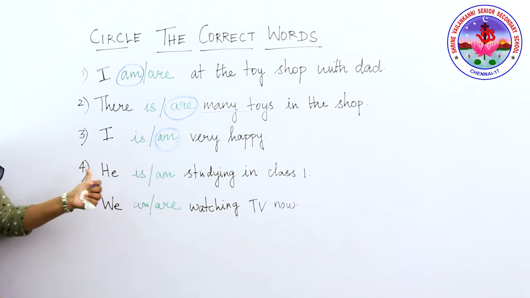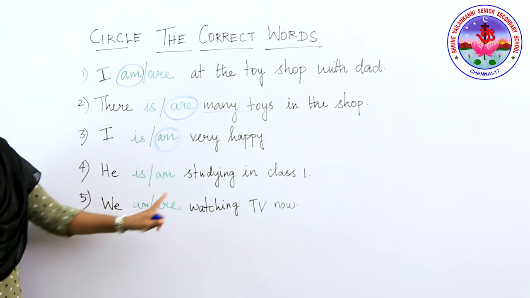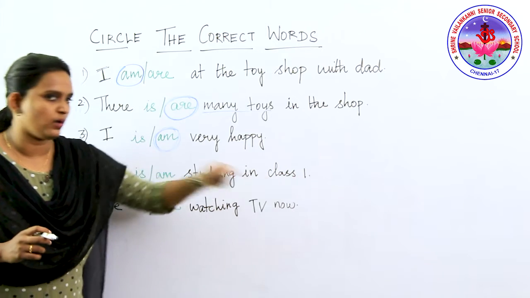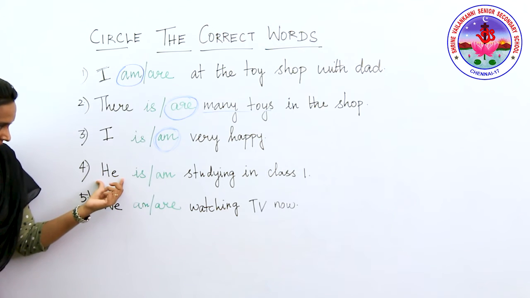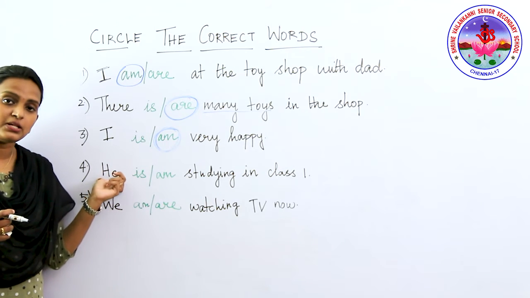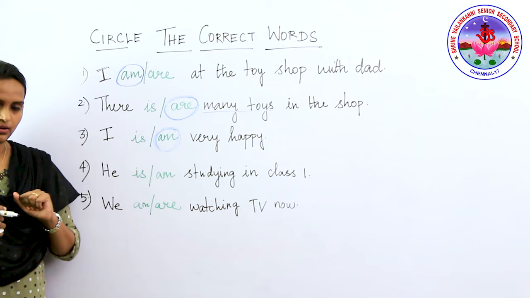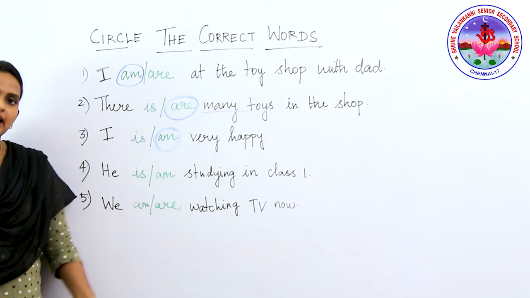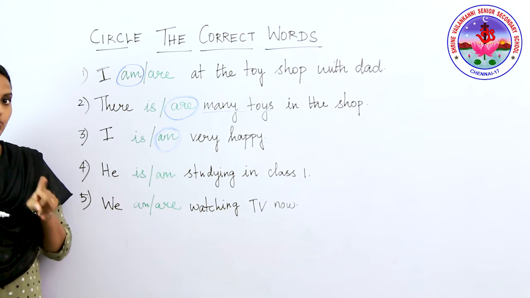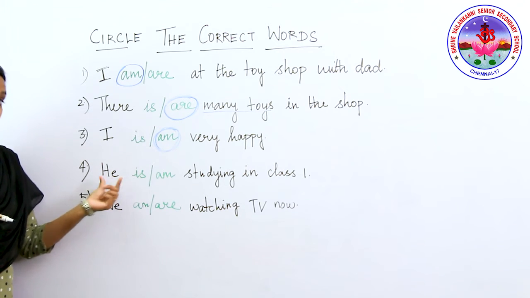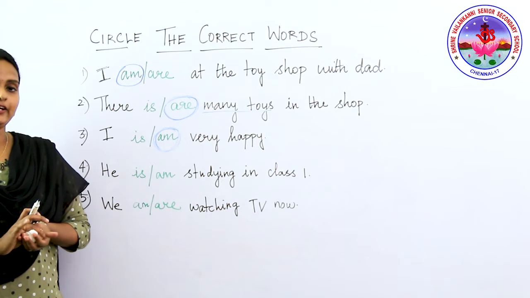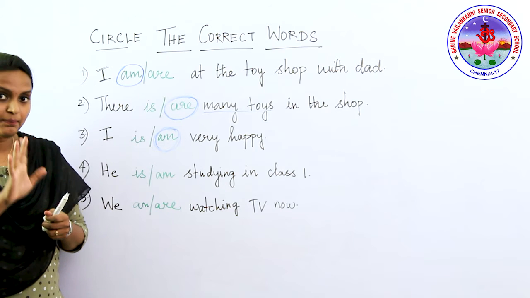Next sentence, he is or am studying in class 1. Here, look at this word he, it talks about one person. Okay, so when you read a sentence, kindly identify whether it is going to be one in number or more than one in number. So he talks about a male person and it also talks about only one person.